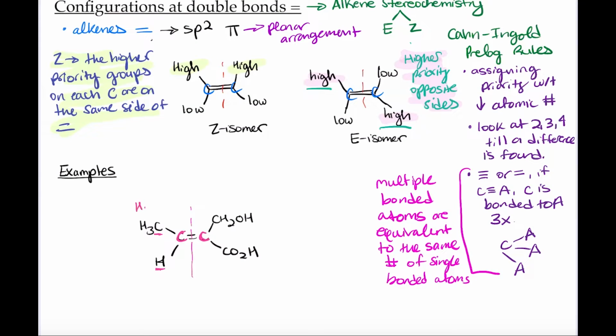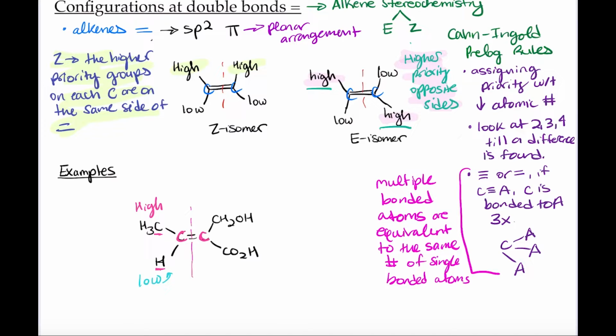So this will be high. This is a higher priority group because this carbon has a higher atomic number than this hydrogen. So this is given priority. This is high, and I will put blue for low. This is low. Okay, now we're done with that.